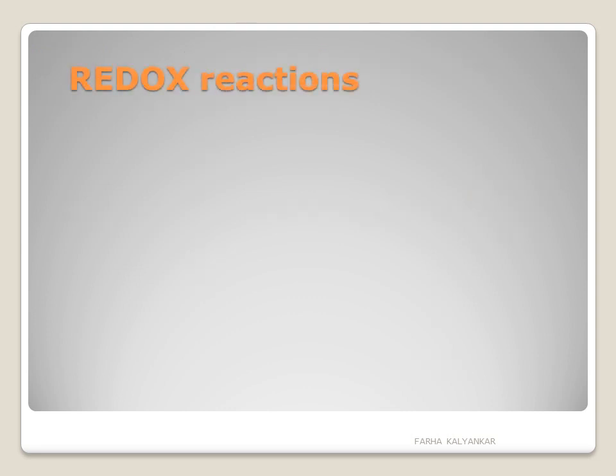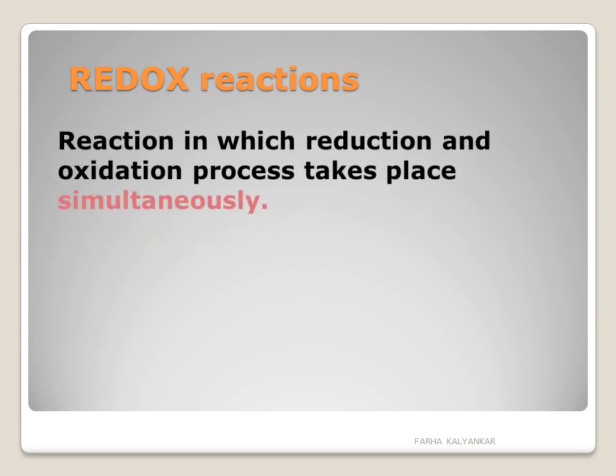Redox reaction. A reaction in which reduction and oxidation take place simultaneously is called a redox reaction. Oxidation is loss of electron. So, in a reacting system, if an atom A loses an electron to form a cation, there should be another element who should be ready to take up this lost electron.